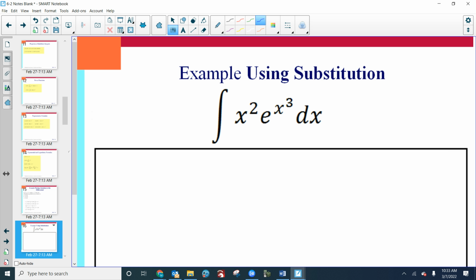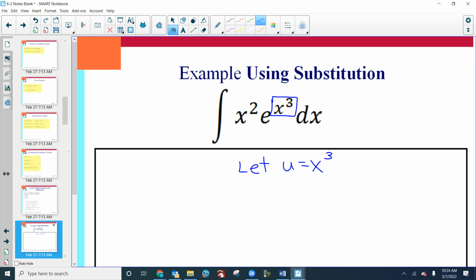If you're zoning out, I need you to listen right here. The biggest problem students have in this section is deciding what to let u equal. And I'm telling you right now, let u equal the same thing it was in the rules you memorized in the first semester. It was e to the u. We're going to let u equal x cubed.